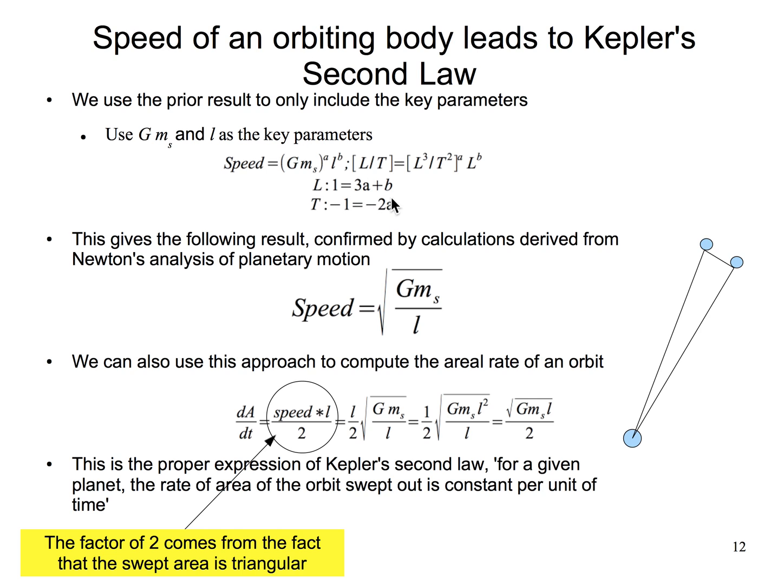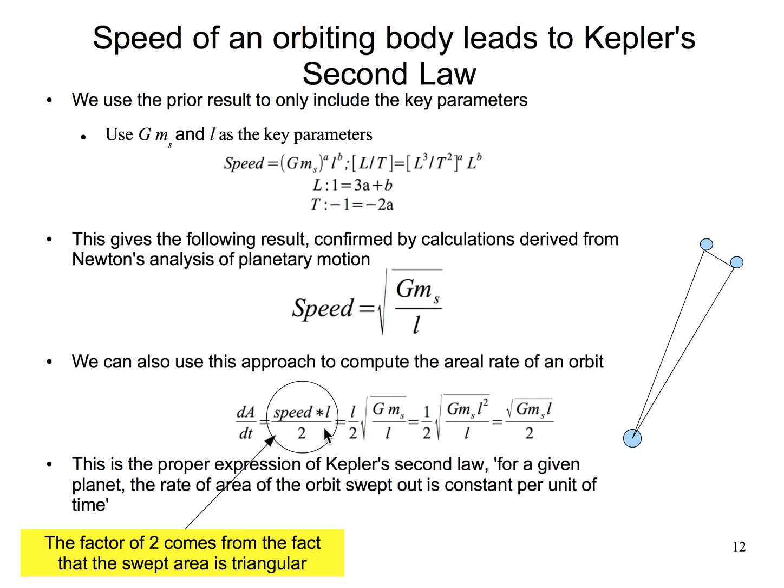If we solve this, you can see right away from this that a is equal to a half. And a is the power of the product GM, so we get the square root of GM. And then if you use that value of a here, you get b here. And so the speed looks like this.